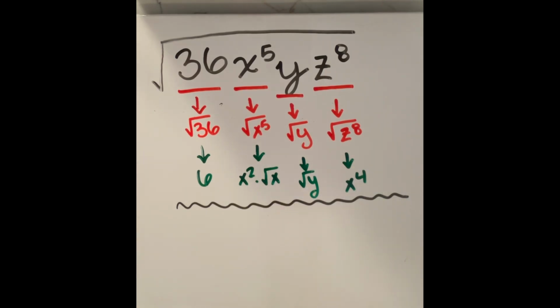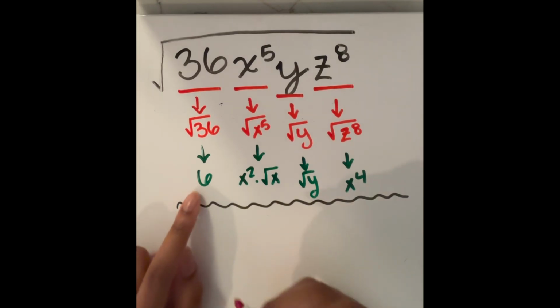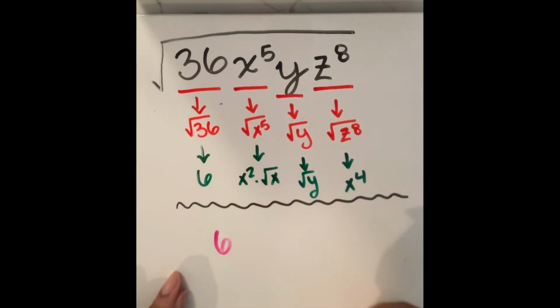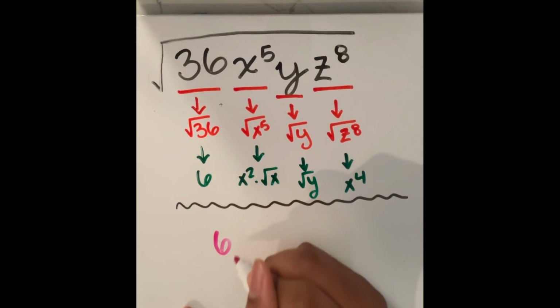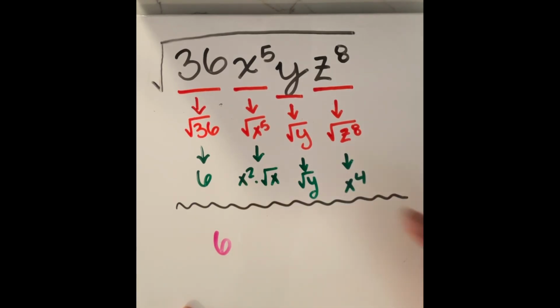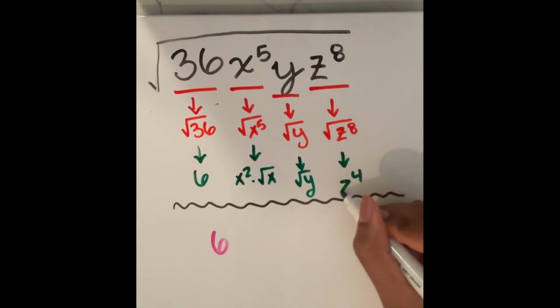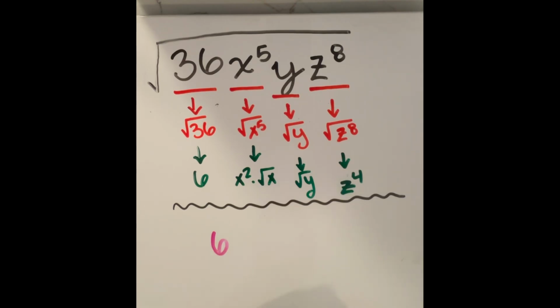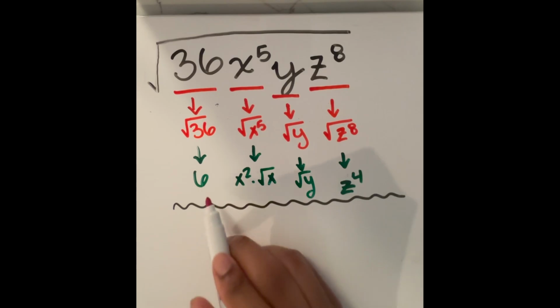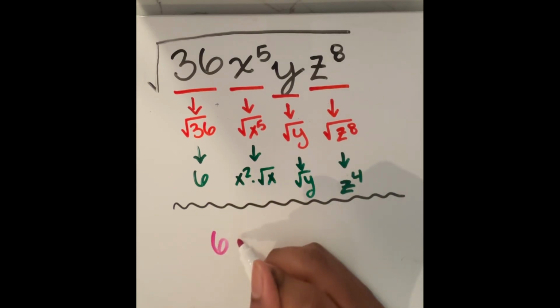So in other words, we would write our final answer as, let's see, if we start with the first term, we have 6, and then I wrote x to the power of 4, I meant z to the power of 4. That's important. Okay, so we have 6, our first term, times x squared.